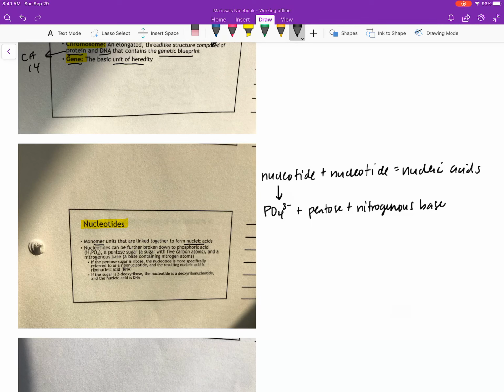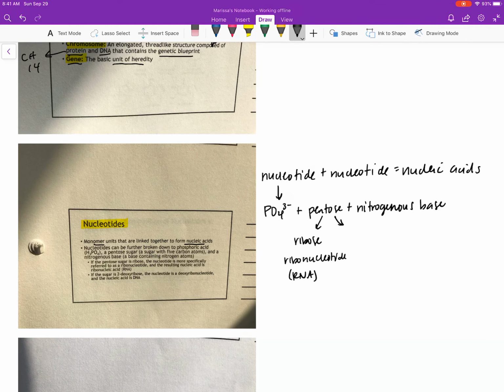Now if the pentose sugar is a ribose, then the nucleotide is more specifically referred to as a ribonucleotide, and this is considered to be RNA.